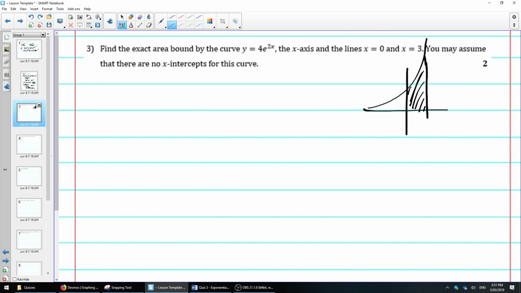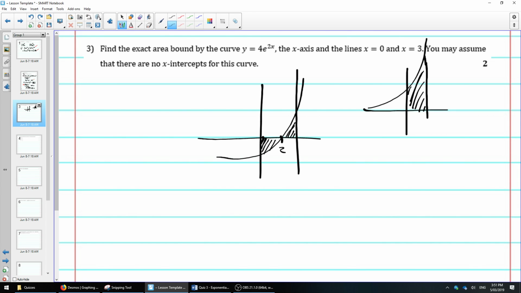And the other thing is you may assume that there are no x-intercepts on the curve. The reason that's there is you might remember we did some questions last year where the curve did that, and I needed to integrate between 0 and 3. What you would need to do is find that x-intercept at, say, 2, for instance. We need to integrate between 0 and 2, and then between 2 and 3, and then add them together.